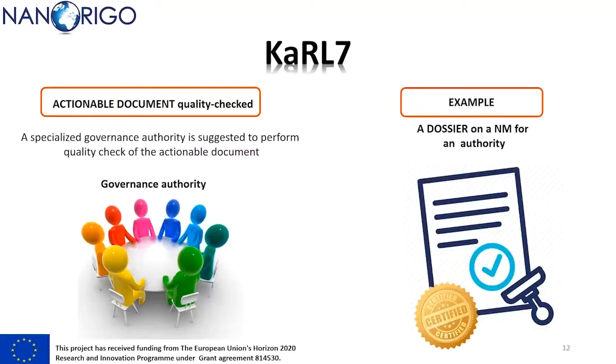KaRL 7 is a level where a specialized governance authority or a group of experts is suggested to perform a quality check of an actionable document. This group of experts could perform, for example, a completeness check of all the documents. They could perform a traceability assessment, whether the data and studies and knowledge gained until now is traceable. Only then can it be considered suitable for further purposes, for large-scale purposes.